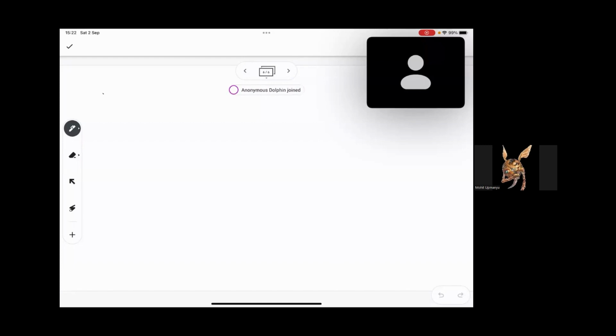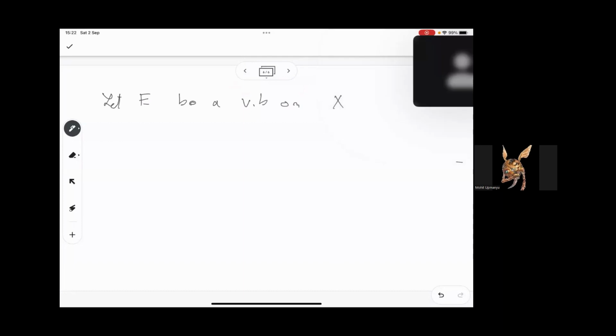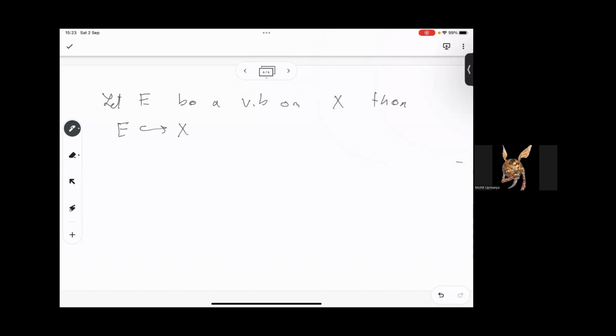Okay. So let E be a vector bundle on X. Then E is a subset of X cross W. We have seen that any vector bundle is a subbundle of a trivial bundle.